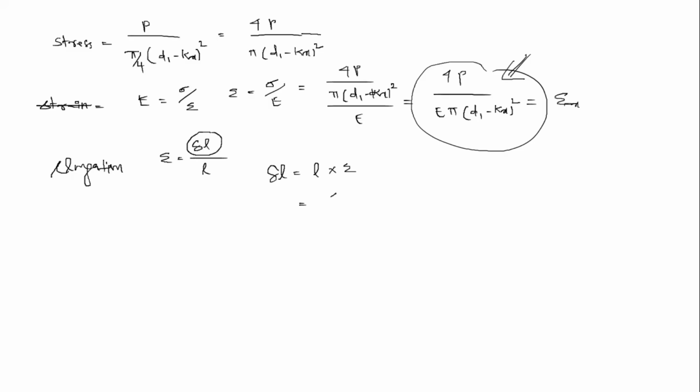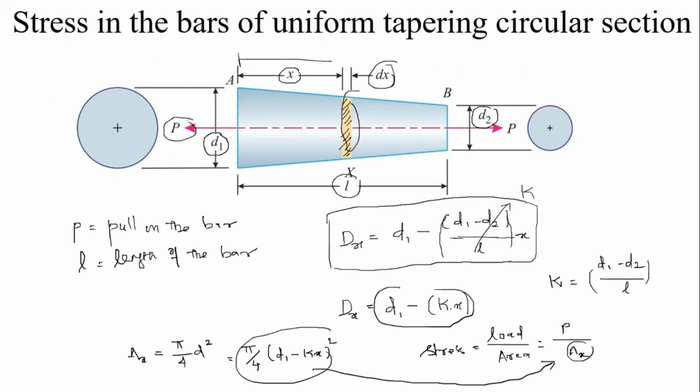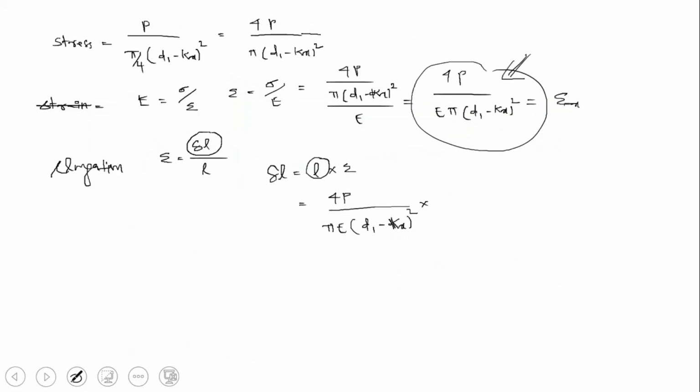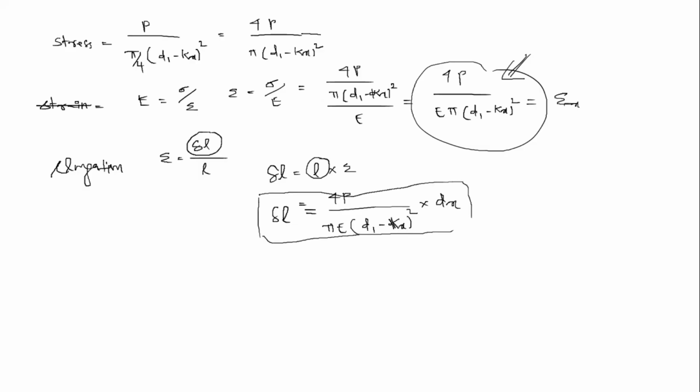Strain is equal to 4P divided by pi into E into (d1 minus kx) the whole square, into the length of the smaller element, which is dx. So, into dx is equal to the change in length of the small element dx. So, this is the change in length of the smaller element dx.